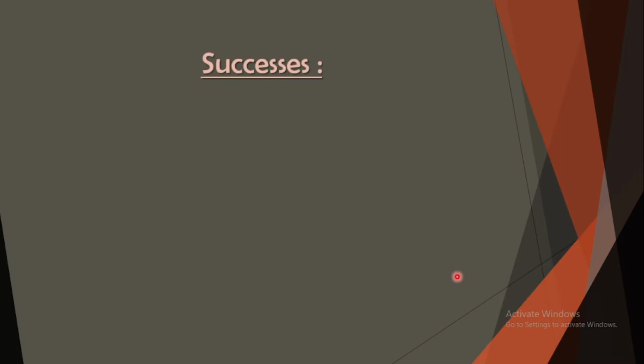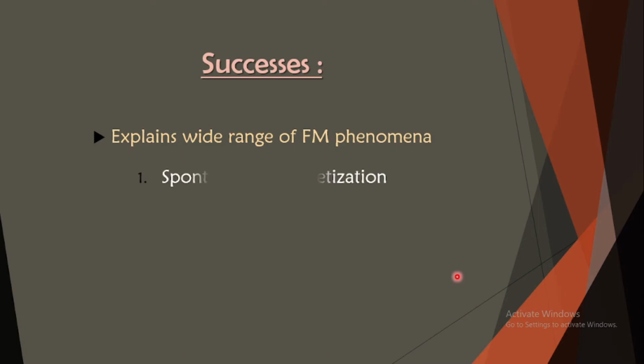First, the successes of Weiss molecular field theory. He wanted to explain the different phenomena taking place in ferromagnetic material, and he successfully explained a wide range of ferromagnetic phenomena like the spontaneous magnetization, its temperature dependence, and also the behavior of the material above the transition temperature.